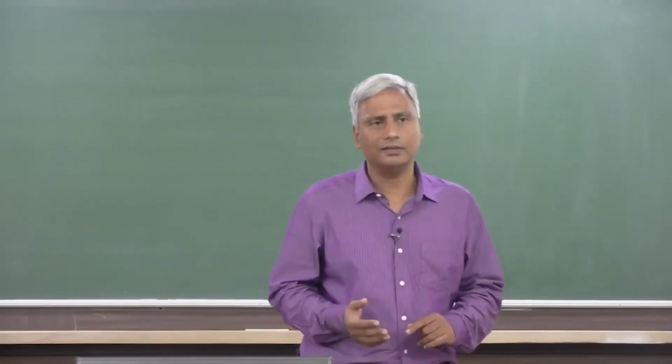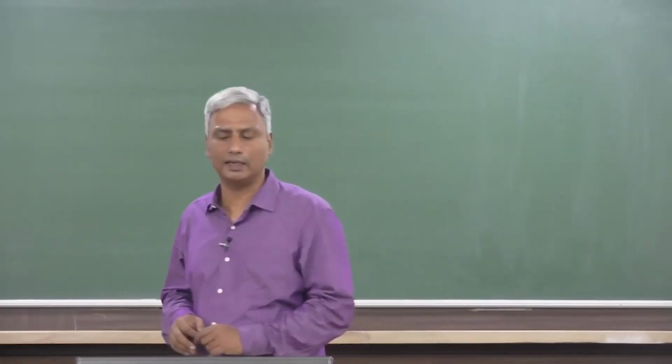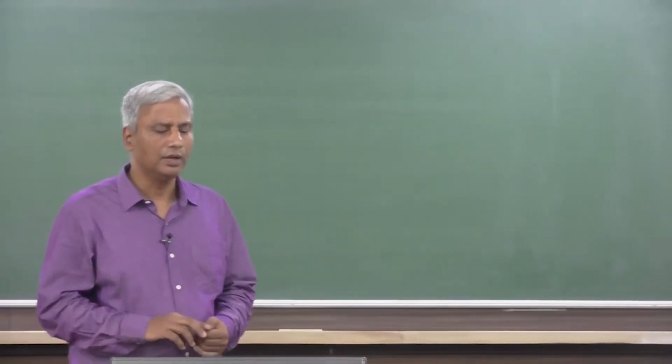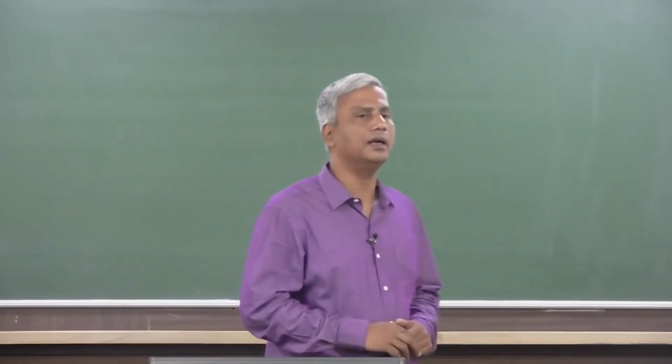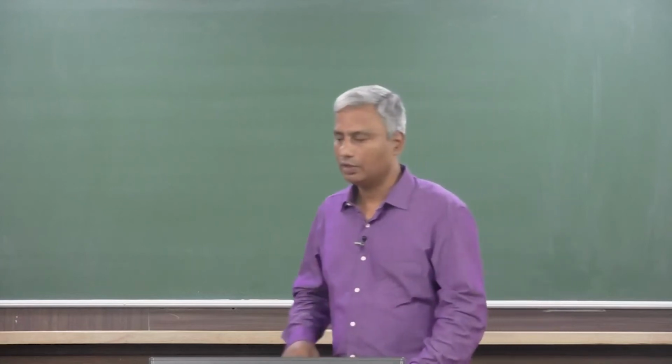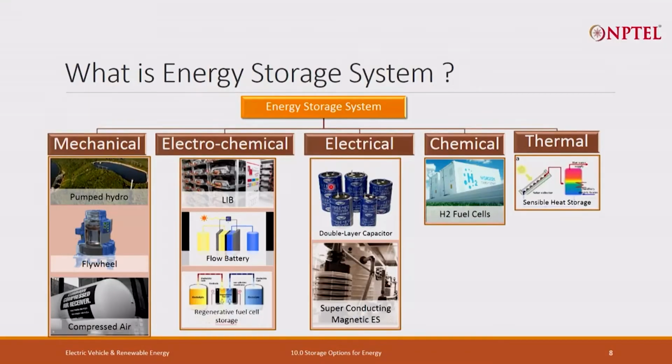Another thing frequently used in electrical storage is superconducting magnetic energy storage. With capacitors or supercapacitors, we store capacitive energy. Using superconducting magnetic energy storage, we store inductive energy. The form is different, but at the end it works out to be an energy storage.